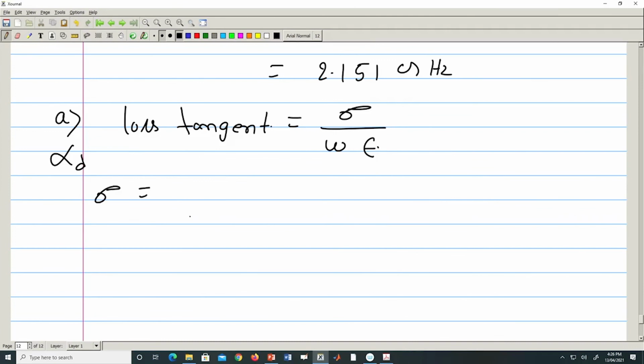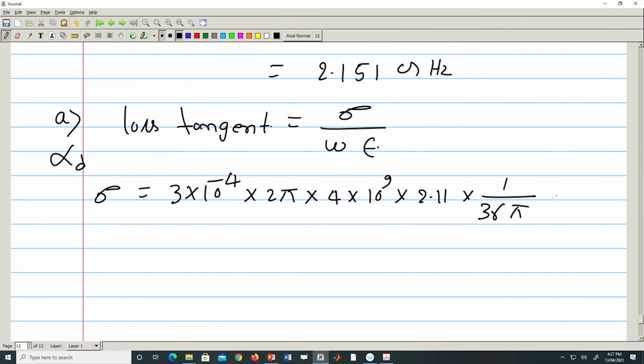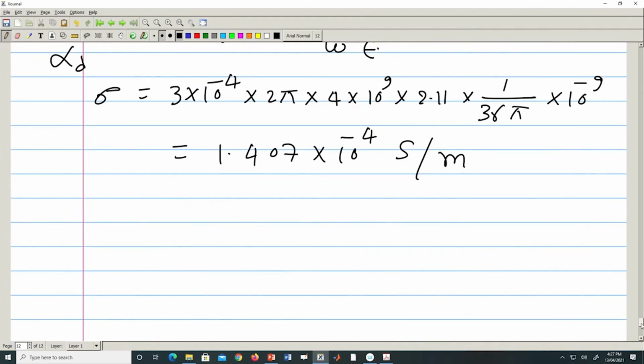So, this will come as 3 into 10 to the power minus 4 into 2 pi into 4 into 10 to the power 9 into 2.11 into 1 by 36 pi into 10 to the power minus 9. So, it will come 1.407 into 10 to the power minus 4 Siemens per meter. So, this is for sigma d. We will continue this in the next class. Thank you.